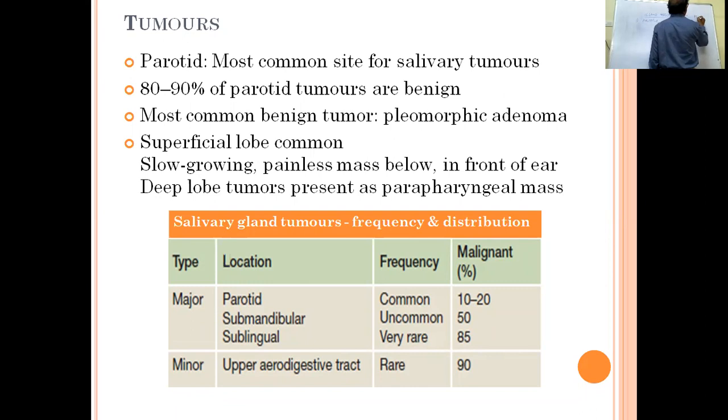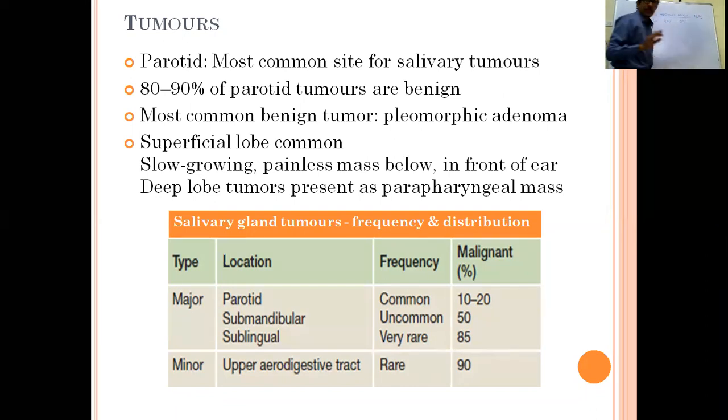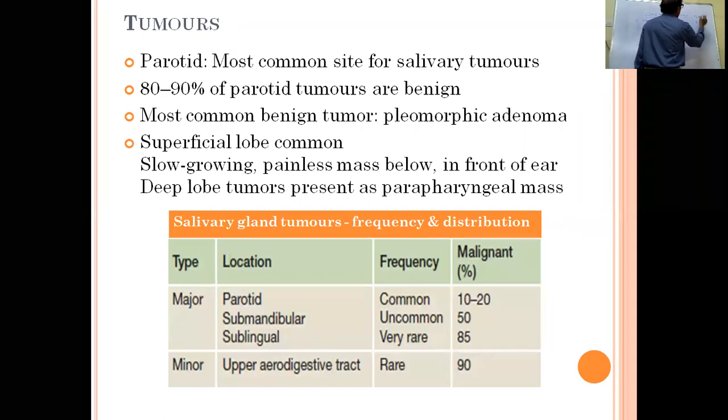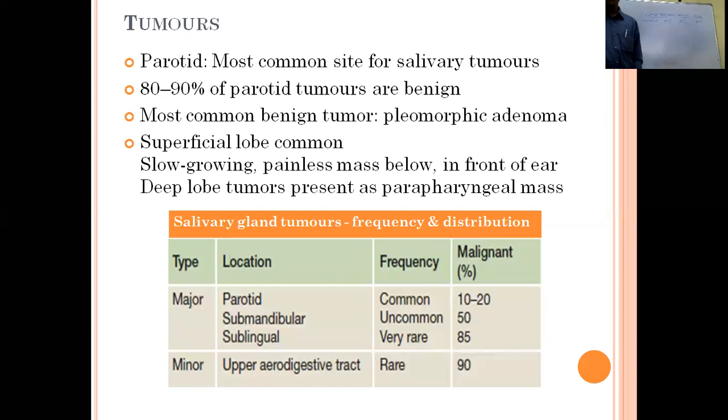Whereas pleomorphic adenoma is again 80% of benign tumors of the parotid. So like this, you have to remember. Then you have the submandibular gland.